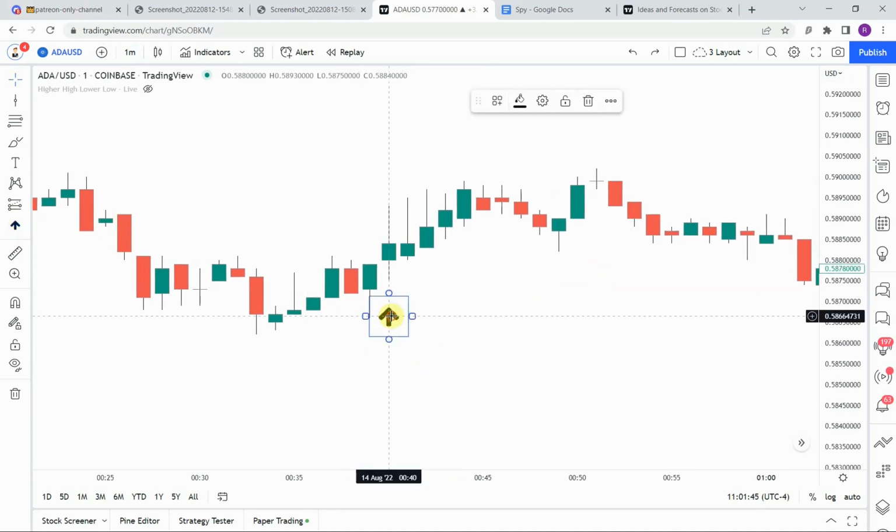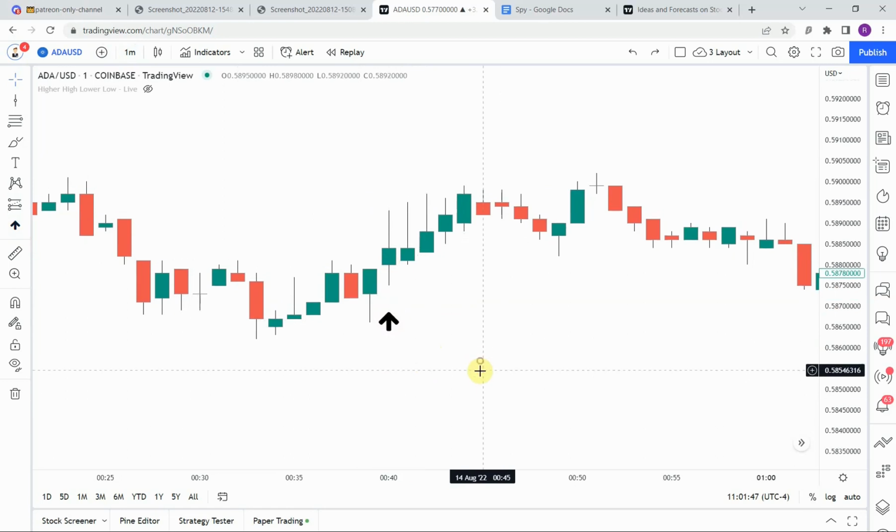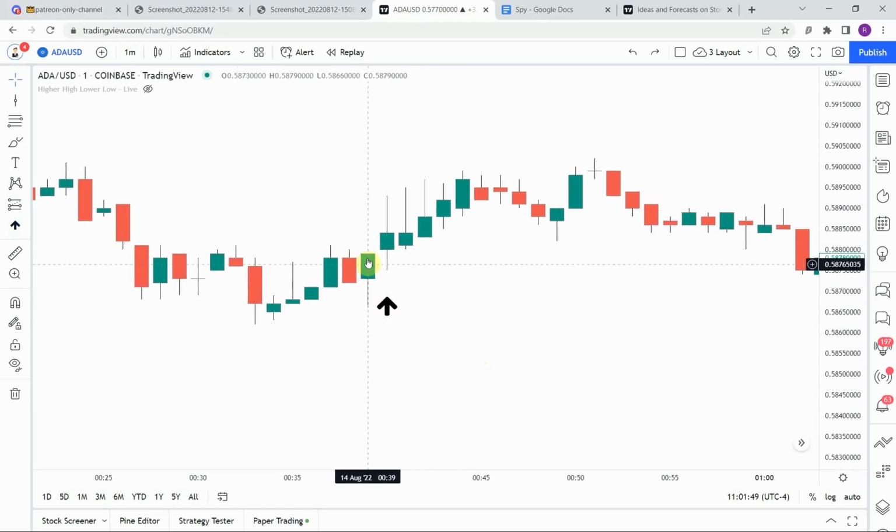We'll specifically start looking at this candle right here. First off, we have green candles and we have red candles. Those colors will determine whether this candle opened and closed above the open price, or if it opened and closed below the open price.